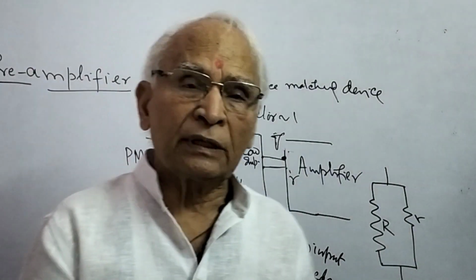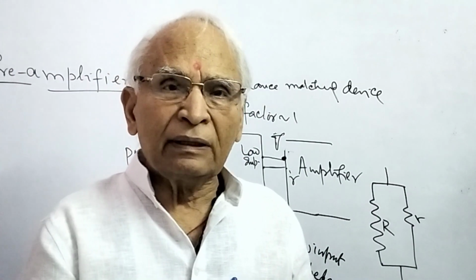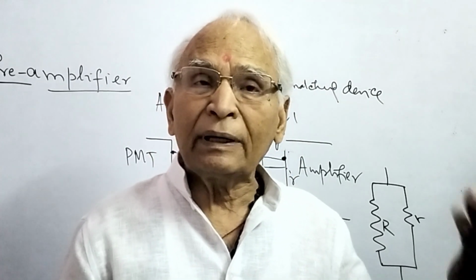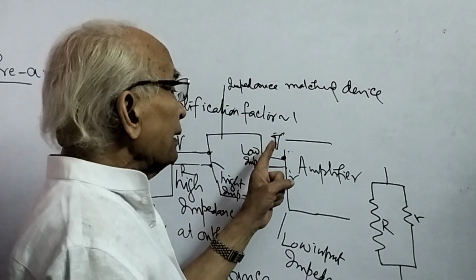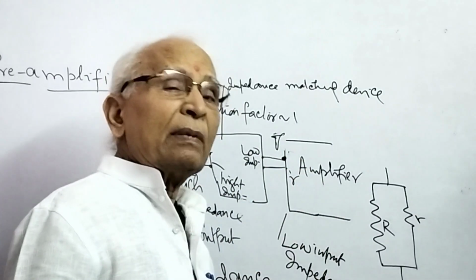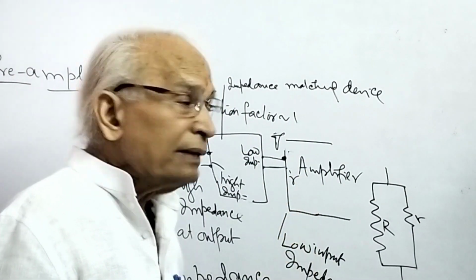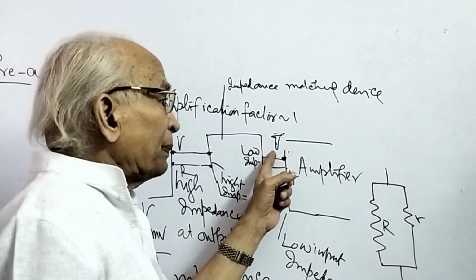If the pulse shape is changed, you will lose the information about the gamma ray energy, because pulse height is obtained from the energy loss of the gamma ray. So the energy of the gamma ray is built inside the pulse height.